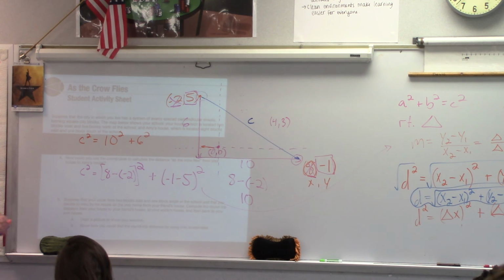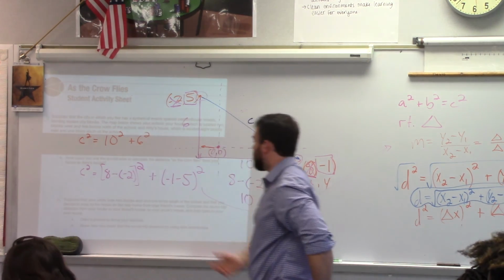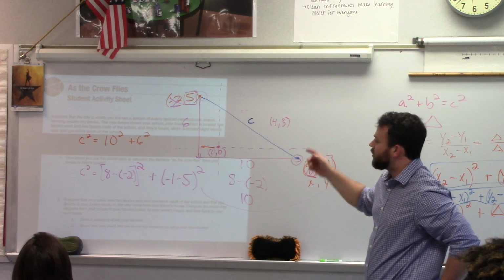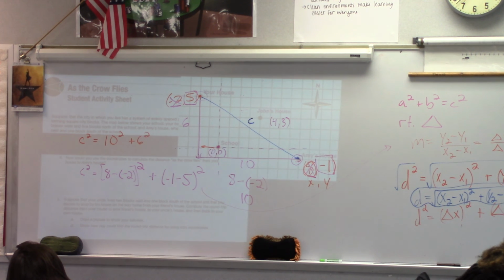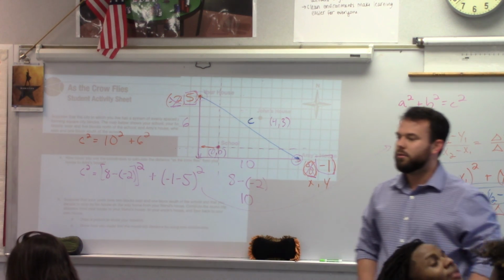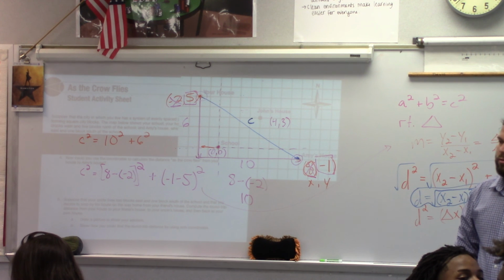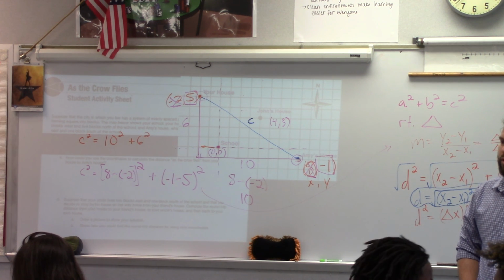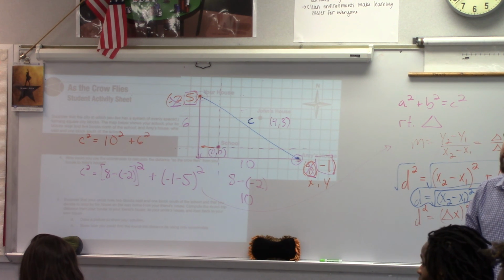So let's work on number 5 within your small groups. Okay? Number 5, and number 6. Use what you have already done to help you work through numbers 5 and 6. There should be enough people in your group regardless. No. You were late to class in the first place.